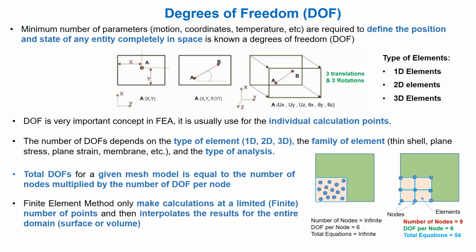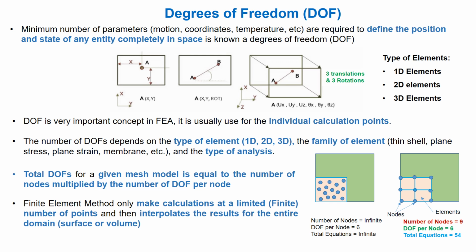So, degrees of freedom is a very important concept in FEA. It is usually used for the individual calculation points. In brief, the minimum number of parameters, motion, coordinates, temperature, etc. required to define the position and state of any entity completely in space is known as degrees of freedom.